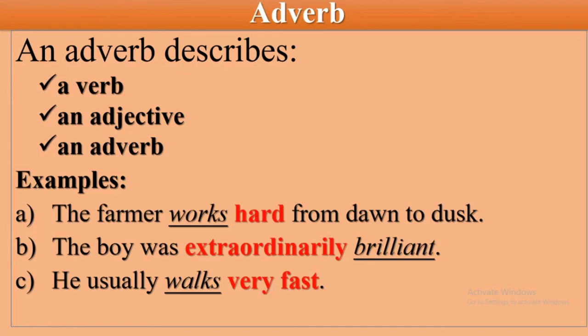We know adverb, adjective, and verb. These three words can only be modified by adverbs. That is, if any word in a sentence gives information about a verb, about an adjective, or about an adverb, then that will be an adverb.